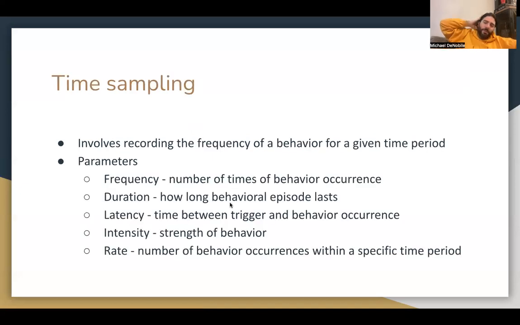Time sampling involves recording the frequency of a behavior for a given time period. Parameters include frequency, which is the number of times of behavior occurrences; duration, how long that behavior episode lasted; latency, the time between the trigger and the behavior; intensity, the strength of the behavior; and the rate, the number of behavior occurrences within a specific time period.